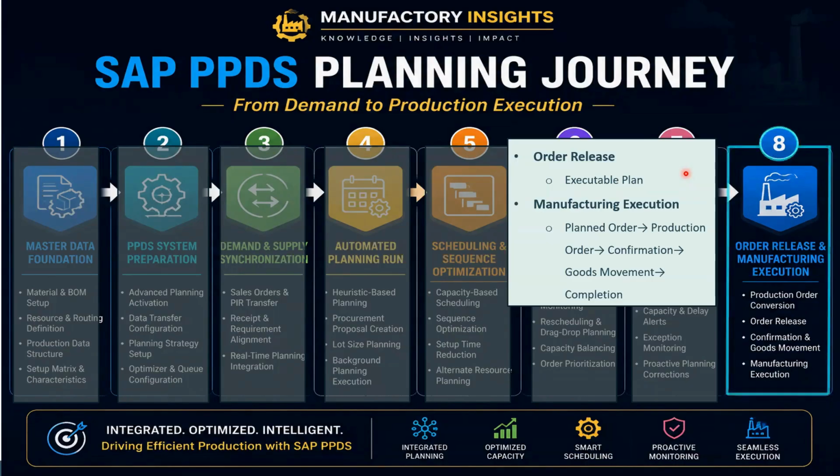Based on the shop floor execution, the production order might be confirmed and goods movement posted. At the end, the order will be closed. All these statuses will be integrated with PPDS seamlessly to show the execution progress on the PPDS side. So this is how PPDS gives you the full understanding from demand to supply until the execution.